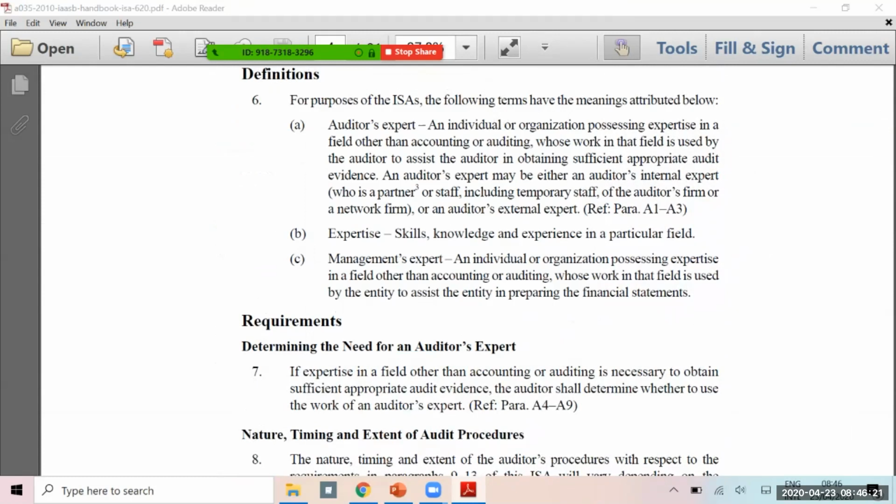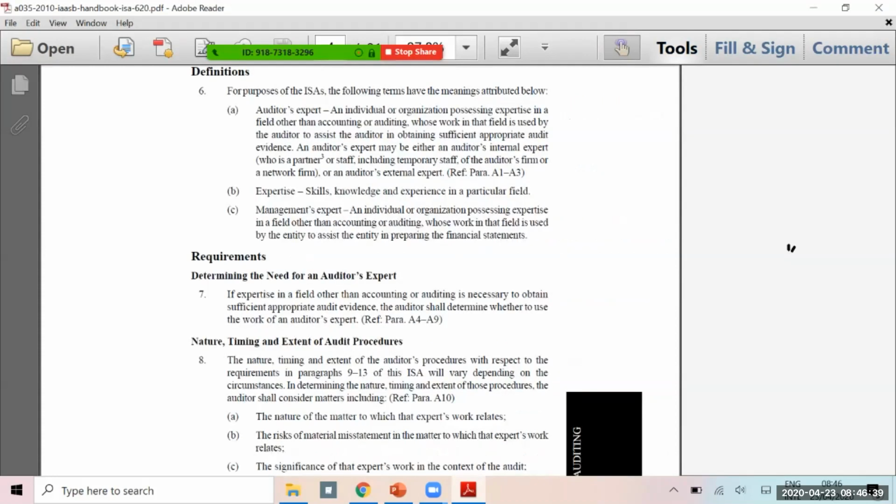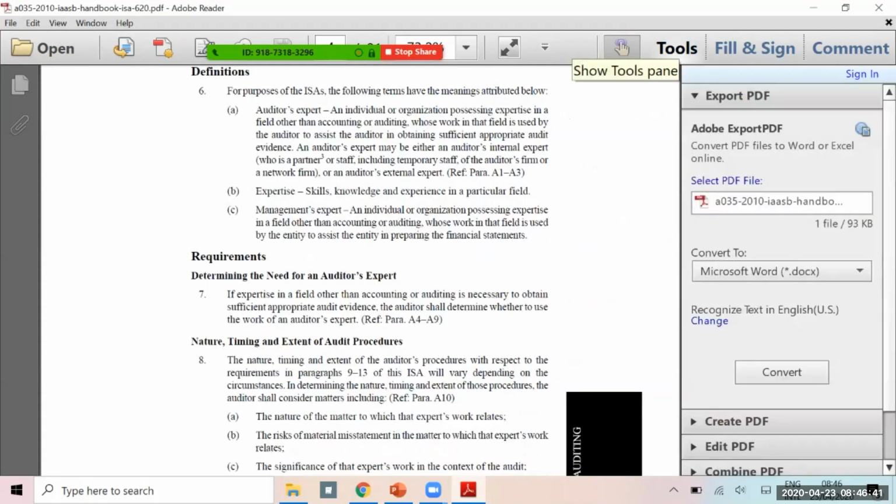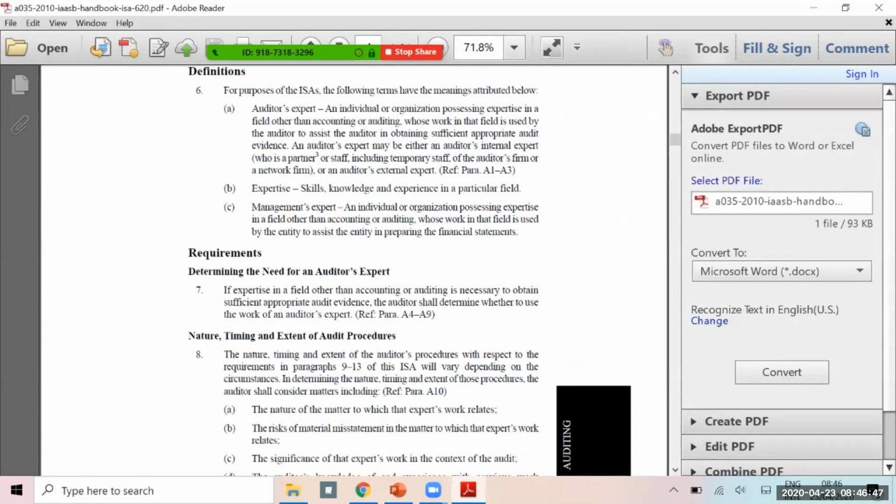It is your client who is hiring this particular expertise. But he's not hiring someone who is an accountant or an auditor. He's hiring someone in another field altogether, and that's referred to as the management expert.